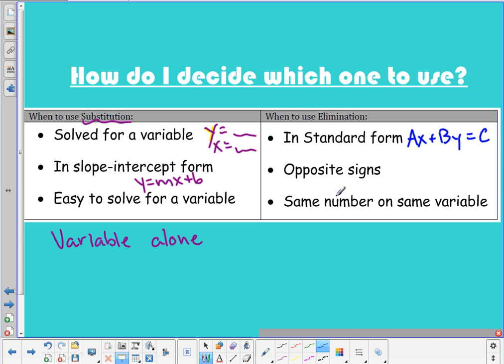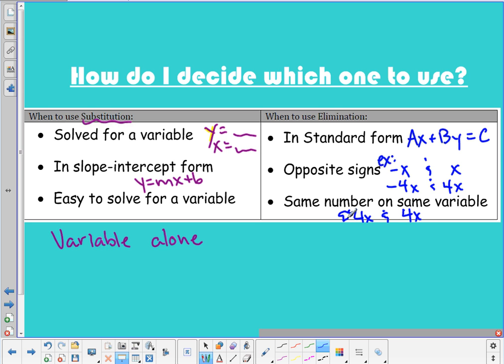It's really nice when you have opposite signs, like if you have a negative x and a positive x. It's also really convenient, or even a negative 4x and a positive 4x. Those are opposite signs there. Those are just examples. It's also really convenient if you have a positive 4x and a positive 4x, because it's really easy to make one of those negative.